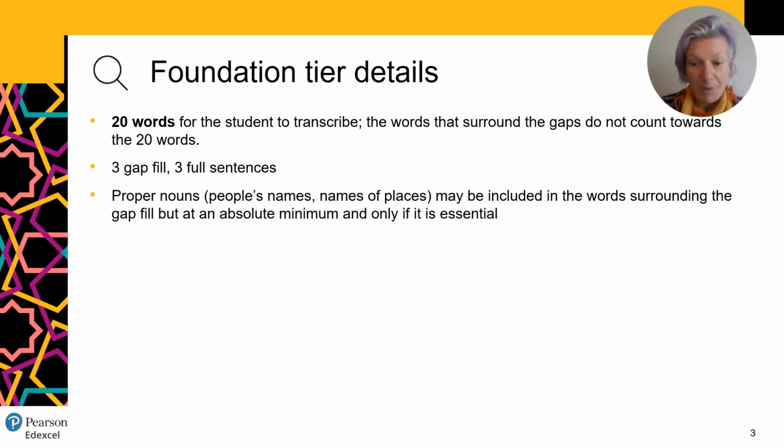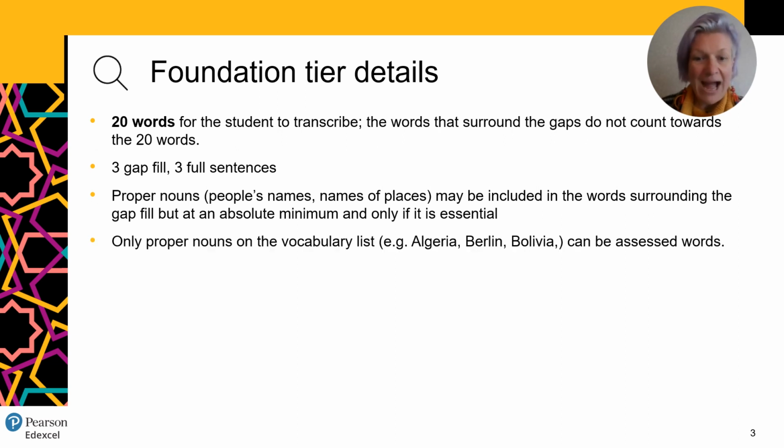If we use proper nouns, then that will be done minimally, that's the first thing to say, only if we need to include them to make the sentence cohesive. That could include names of people or places or that kind of thing. However, those proper nouns will not be part of the words that the students are required to transcribe unless those proper nouns are actually already part of the vocabulary list.